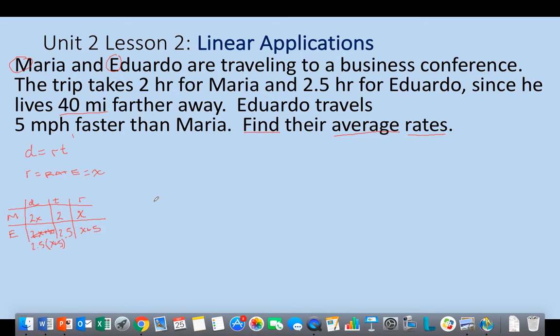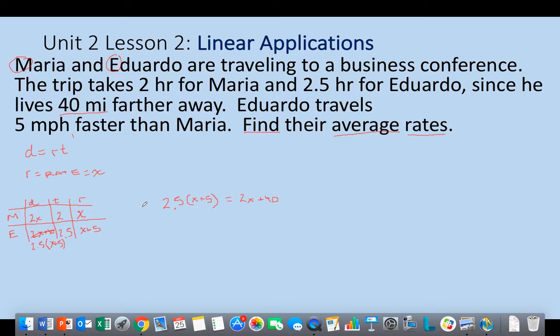Okay. So the distance that Eduardo travels is going to be 2.5 times x plus 5. Okay. And this is going to be equal to the distance that Maria drives, 2x plus 40. Okay? So Eduardo's distance traveled is Maria's plus the 40. And that's why we add it to kind of Maria's instead of adding it to Eduardo's. Because we already know Eduardo's distance is this.